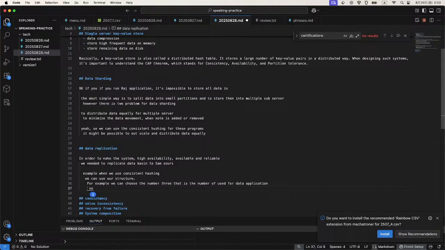So we can choose the first 3 nodes in the clockwise direction.